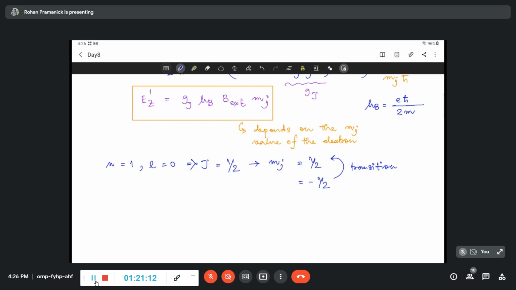This transition only happens if you apply an external magnetic field; it is not present within the hydrogen.